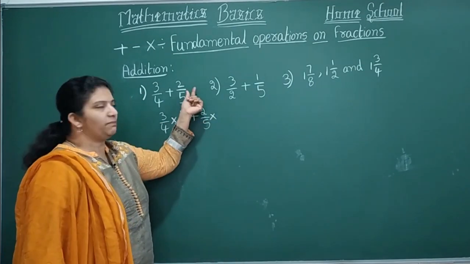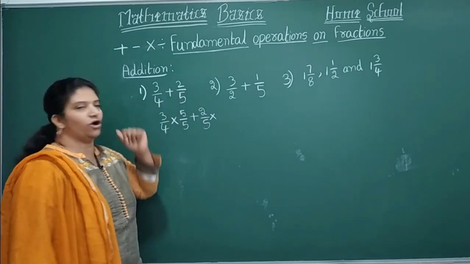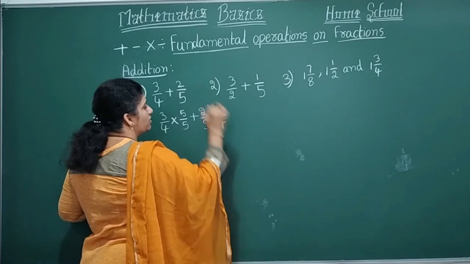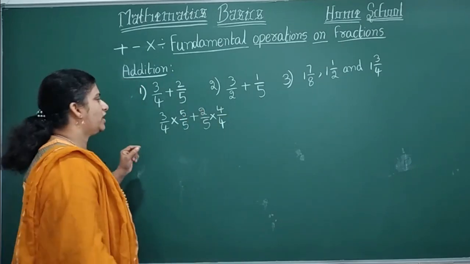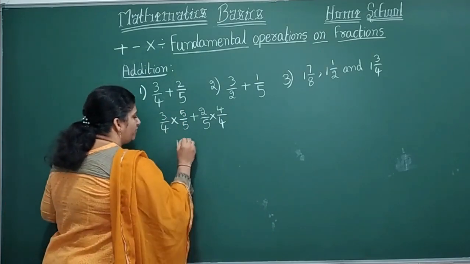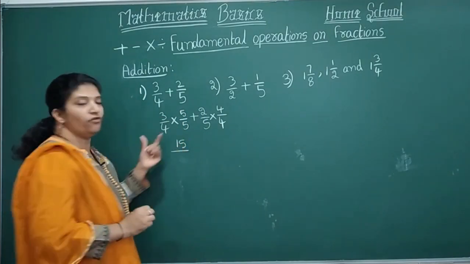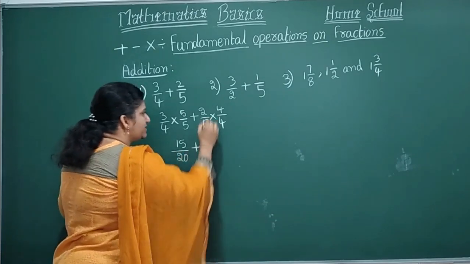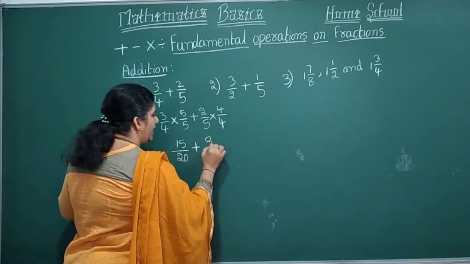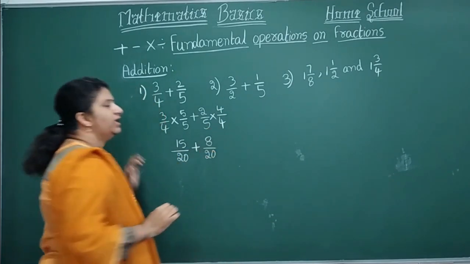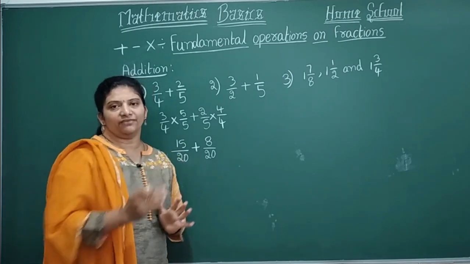We are going to multiply its numerator and denominator by 4. Now multiply this: 3 5s are 15 by 4 5s are 20, plus 2 4s are 8 by 5 4s are 20.